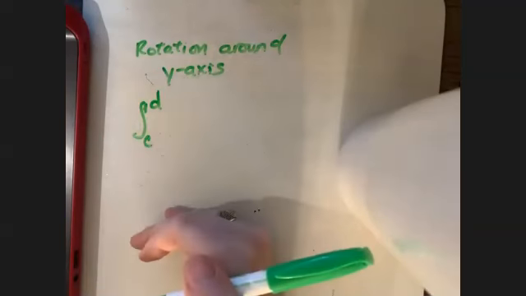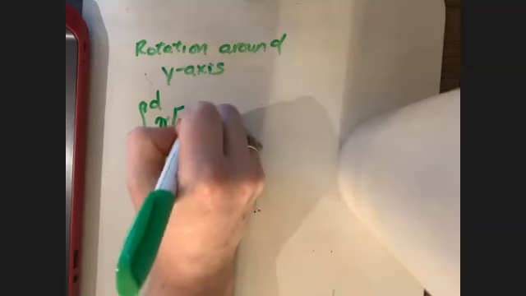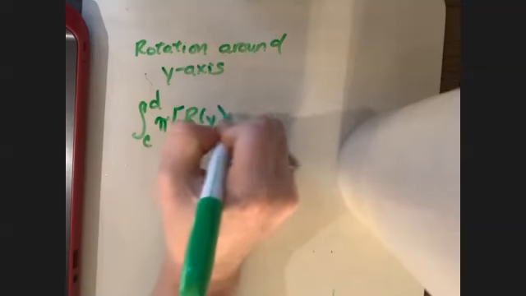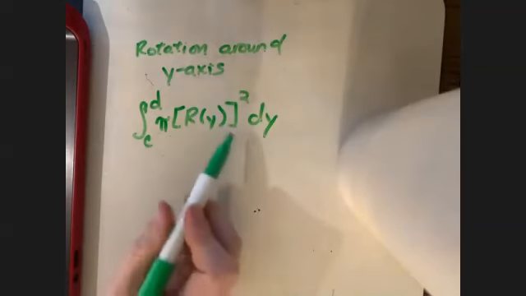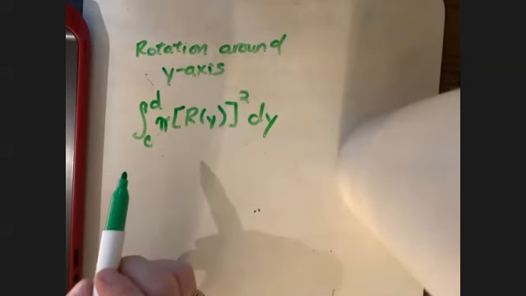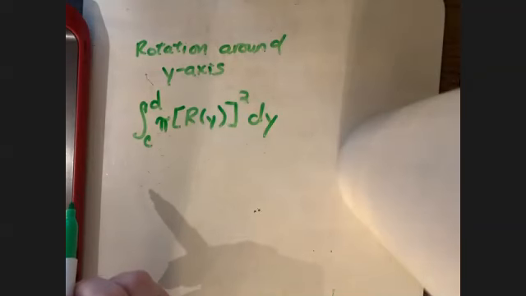This would be bottom to top, of pi r of y squared dy. All we're doing here is changing it so we're in terms of y's instead of x's.